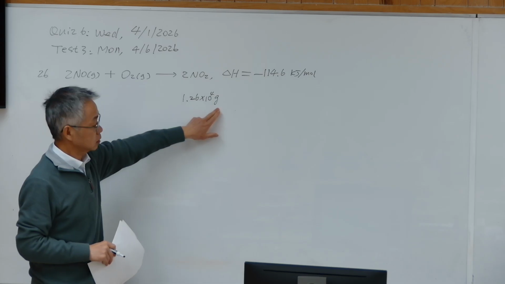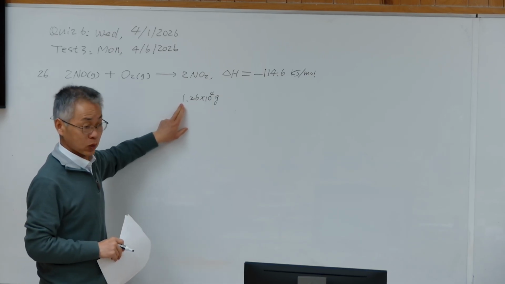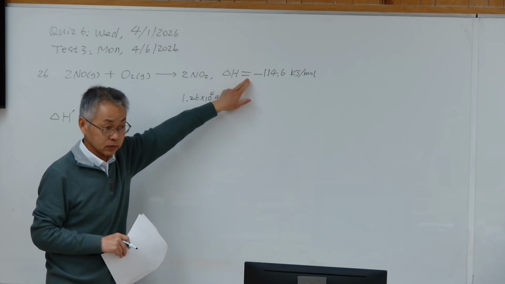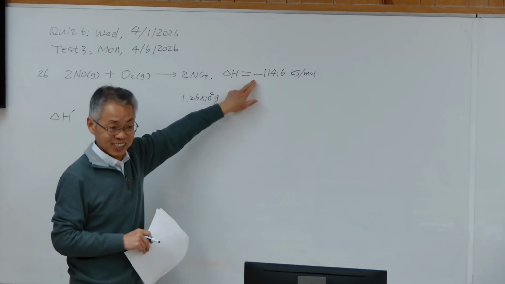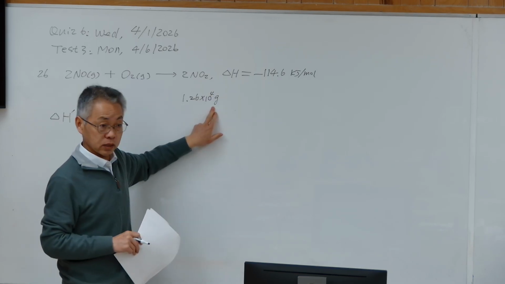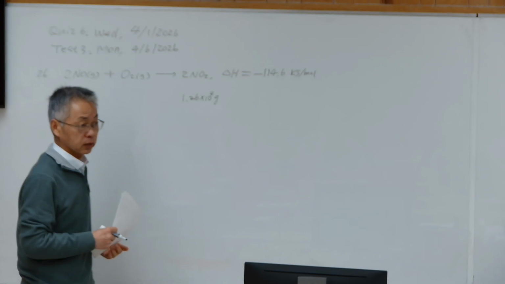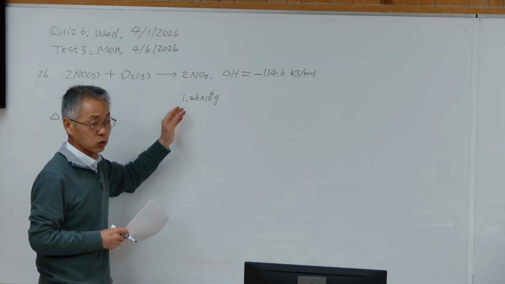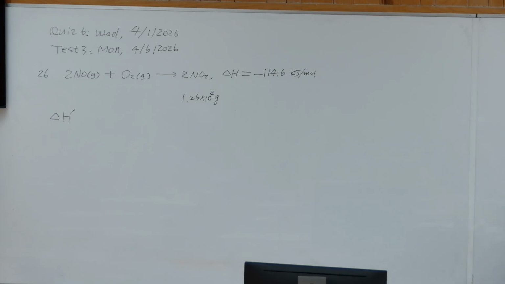The first thing we need to do is convert this mass into moles. Then we can use this relation, because the heat is released for 2 moles of NO2 produced. How can we convert mass into moles? Do you remember? Moles equal mass divided by molar mass.